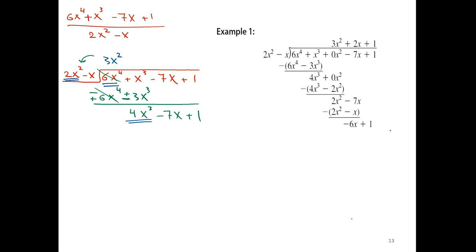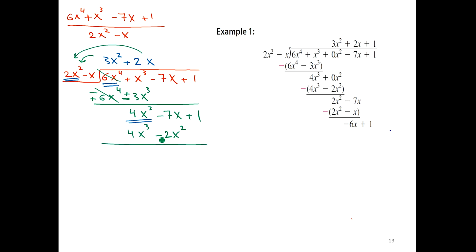Now, divide the first term by the first term. 4 over 2, we have 2. x^3 over x^2, we have x. Now also multiply: 2x times 2x^2 is 4x^3. 2x times negative x, we have minus 2x^2.